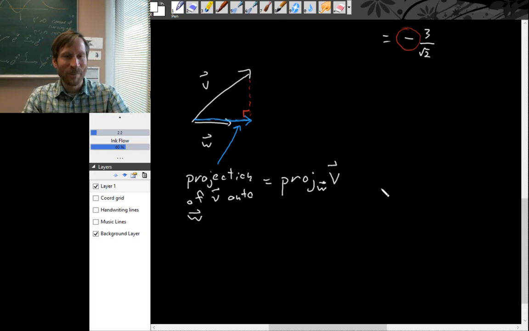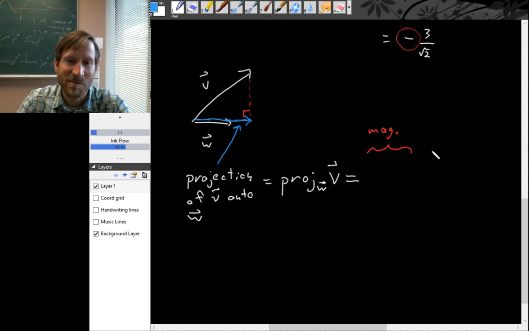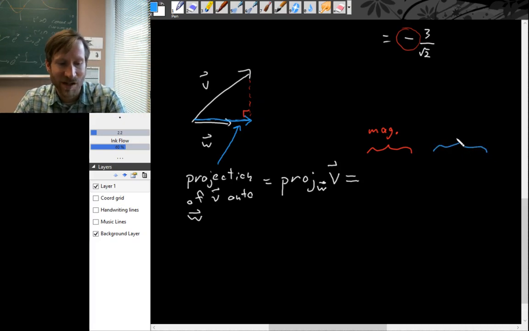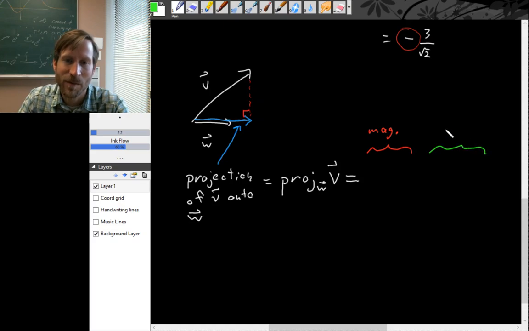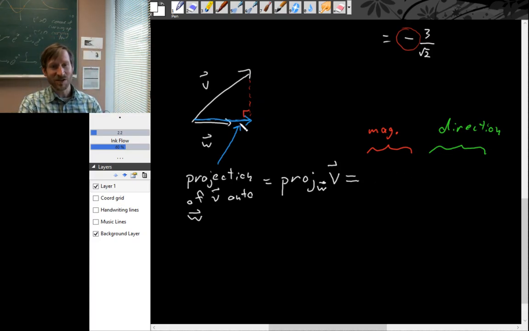Let's figure out a formula for the projection. To do that, we're going to use our old trick of writing a vector as the magnitude of the vector times the direction of the vector. That's a trick we've used several times before. The magnitude of this blue vector is comp, and comp was v dot w over the magnitude of w.